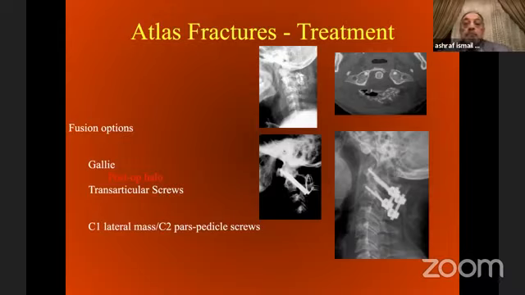It is a somewhat unstable technique, but with a nice rate of healing. The transarticular screw for atlantoaxial arthrodesis, or the lateral mass fixation between C1 and C2 pars pedicle screw.